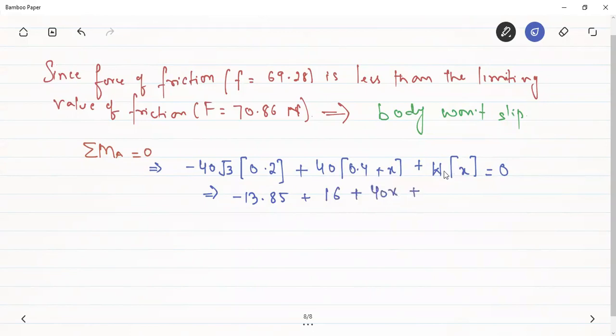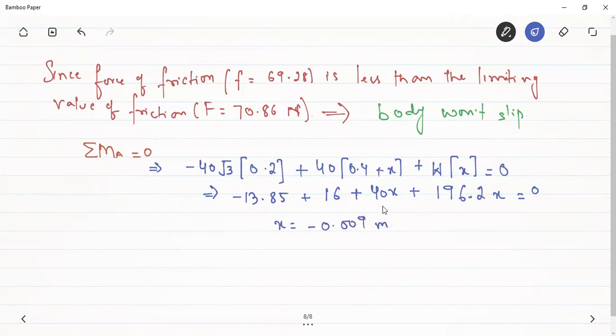And the weight was 20 into 9.81, that is 196.2x. So this has to be 0. After simplifying, the value of x comes out to be minus 0.009 meters.